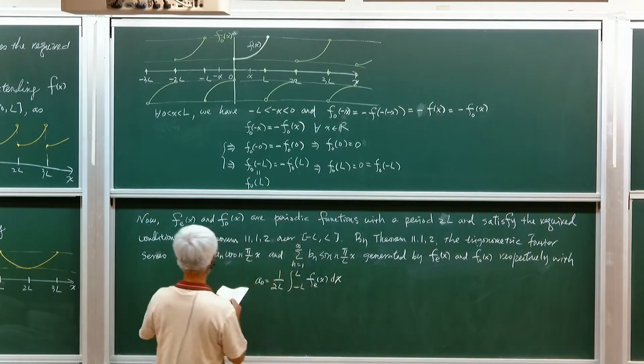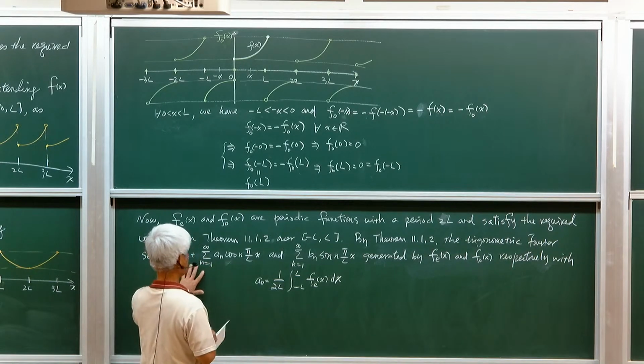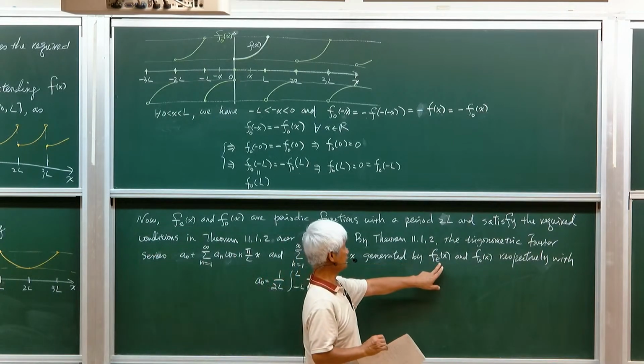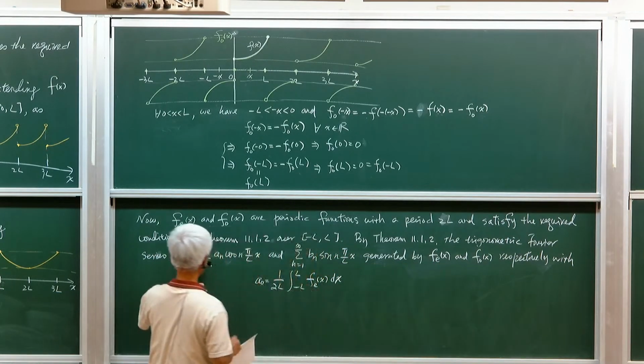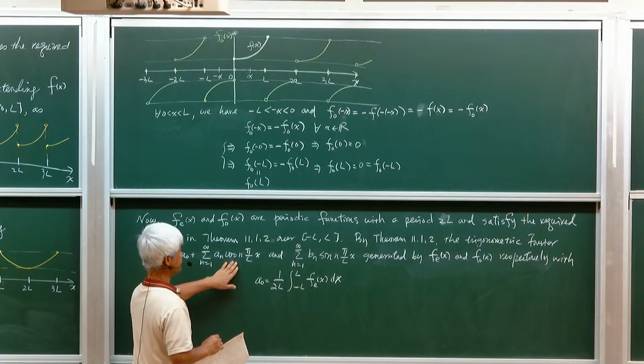Because this is the trigonometric Fourier series expansion of the even periodic function, we know that we can only have the constant term as well as the cosine terms.